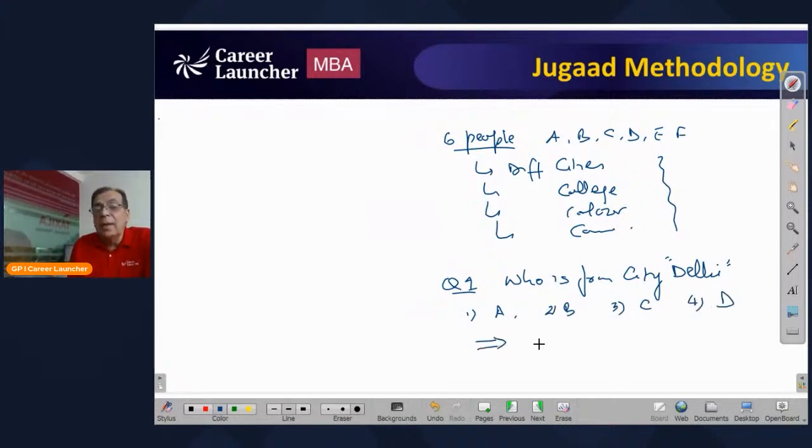This is telling me E and F are not from Delhi, because if E or F were from Delhi, they should have been part of the choices. So this is what I mean by saying the questions give me information, and it is my job to pick up the information from the question and use it to fill up the table. If I don't do it, then I am the one who is making a mistake, and there's nothing wrong with the set as such. And this is what we'll try to do as we go along.